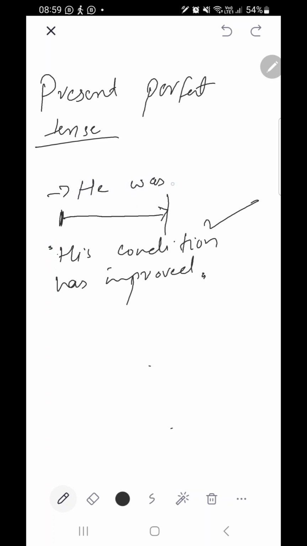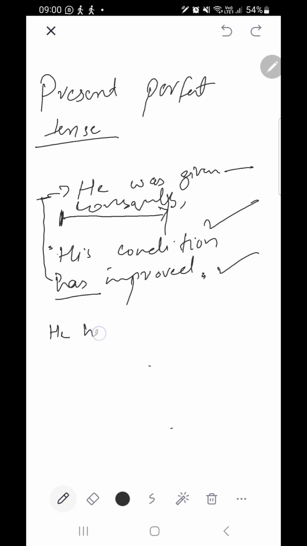He was given blah blah medicine. Consequently, his condition has improved. So this is related: his condition or pain started in the past and is going to improve in the present.